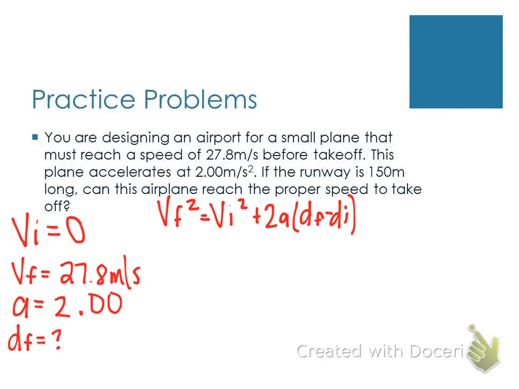Our final velocity we know is 27.8. We're going to solve for distance final or displacement final. We want to see how many meters we need in order for this plane to take off at the right speed.